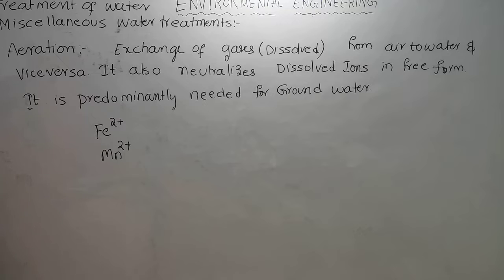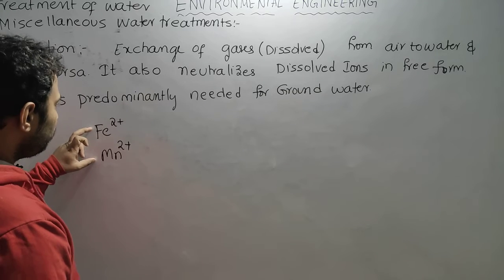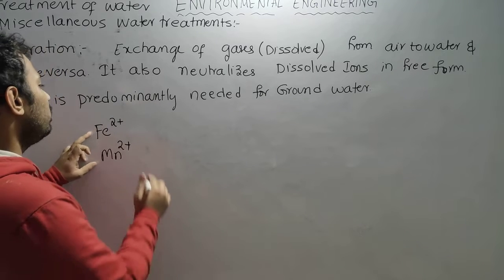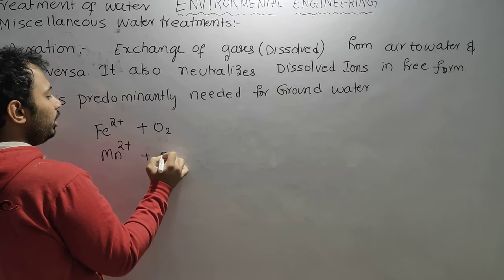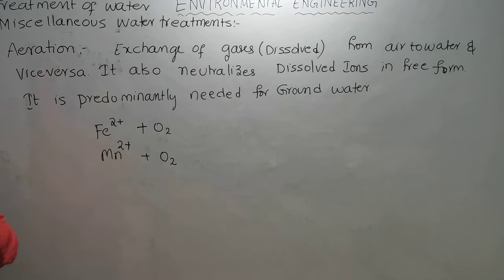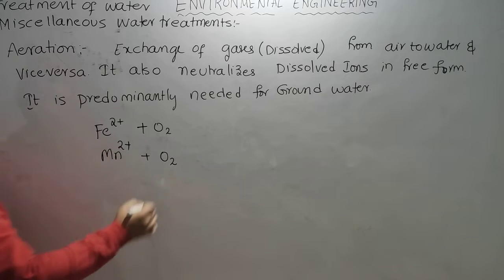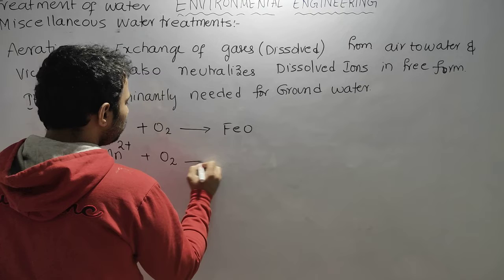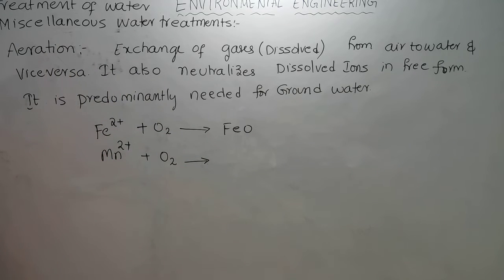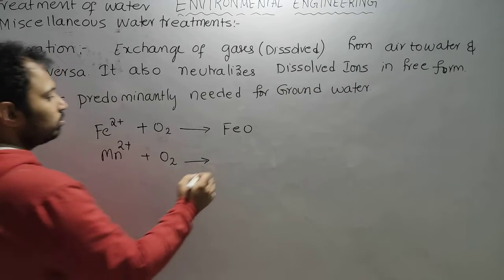Then these ions react with the oxygen present in the air. They become FeO, and this becomes MnO2.